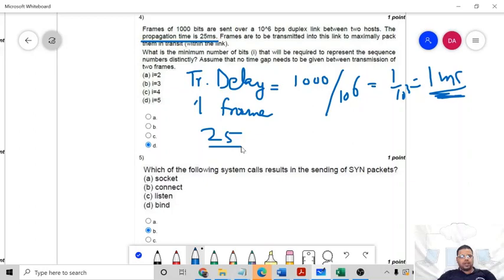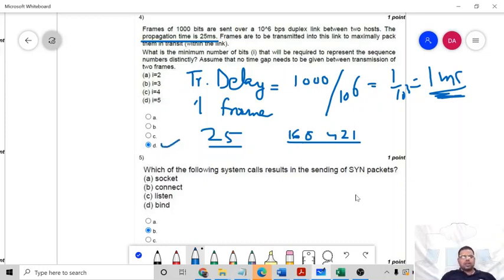So you need 25 different frames, and to represent this, for 25 you need 5 bits. No? 1, 2, 4, 8, and 16. So you need 5 bits. So the correct option is D.